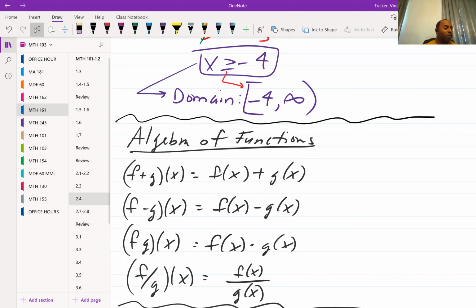Once again, mathematics is always about giving you the least amount of symbols possible to write the least amount of words possible to get you to do something. So f plus g of x is just telling you to add both of your functions together. F minus g of x, subtract both of your functions. F times g of x, you multiply them, and then f divided by g of x is f of x over g of x. So you divide your functions.